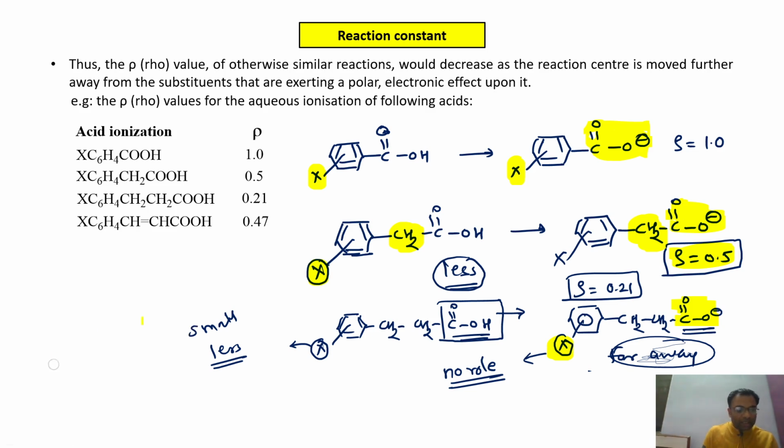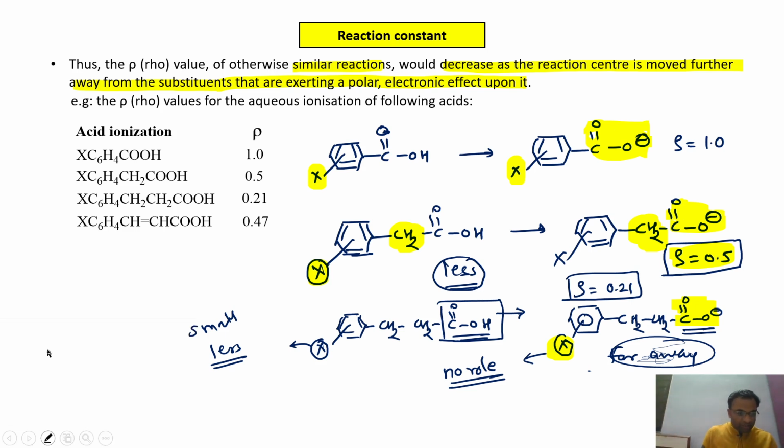So again I am repeating that the rho value for a similar reaction decreases as the reaction center is moved further away from the substituent that is exerting the polar or electronic effect upon it.